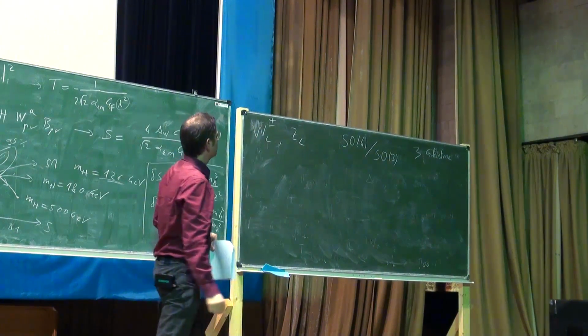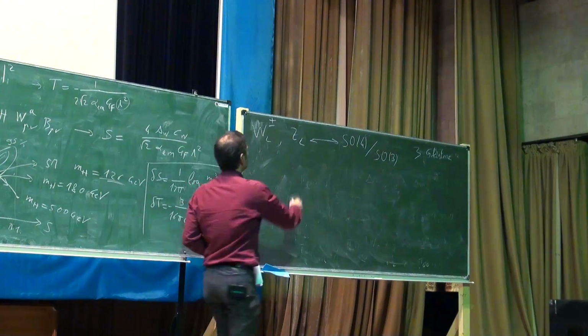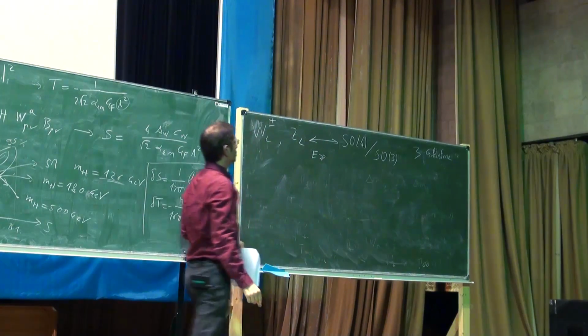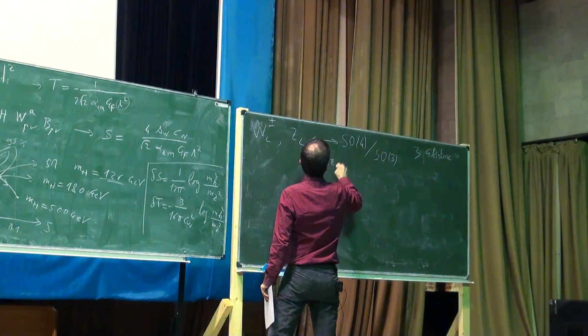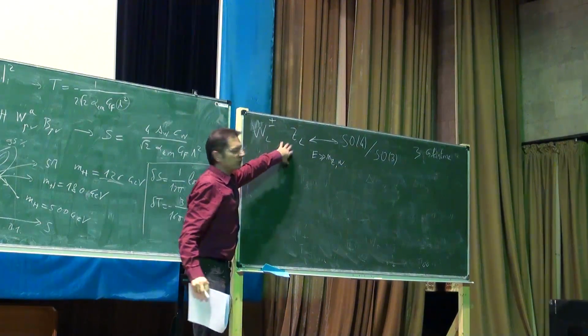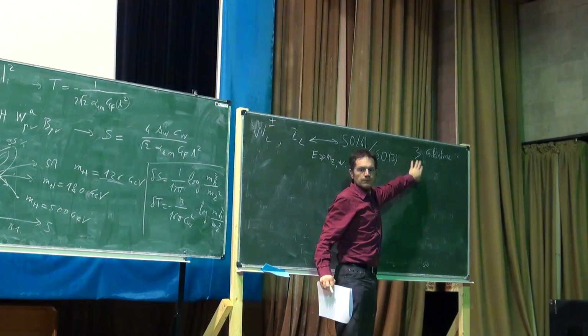And what the Goldstone equivalence theorem is telling you is that at high energy, for energies which are in principle much larger than the mass of the W and the Z, you can really describe the physics of those objects in terms of those Goldstone bosons.